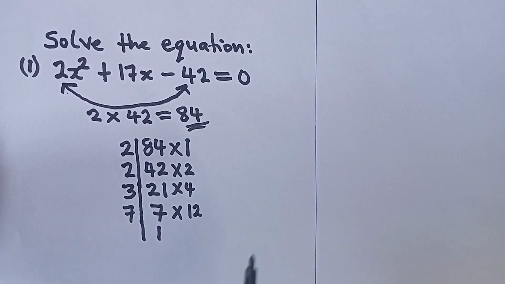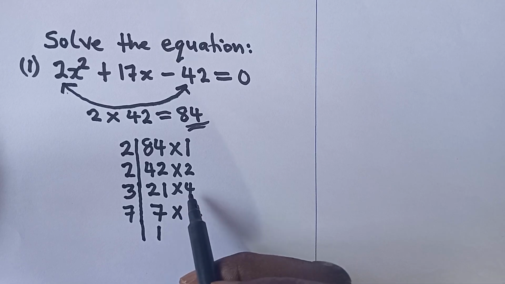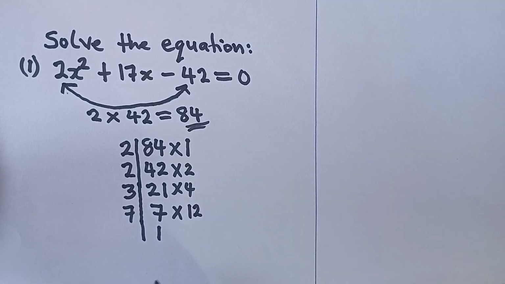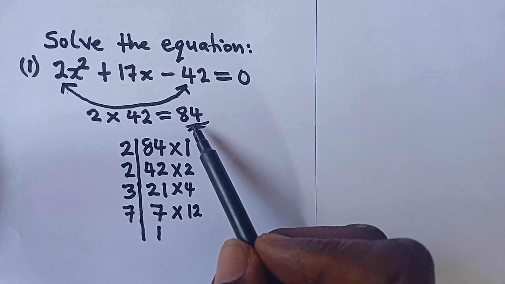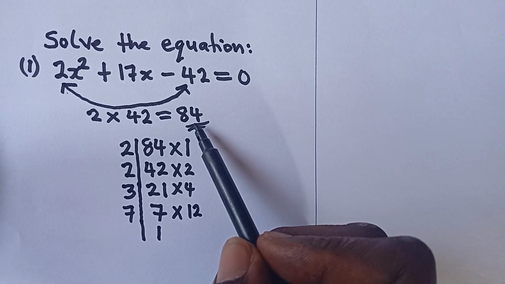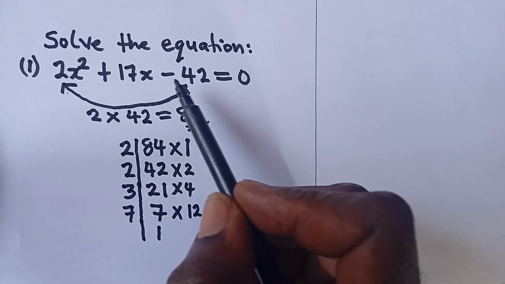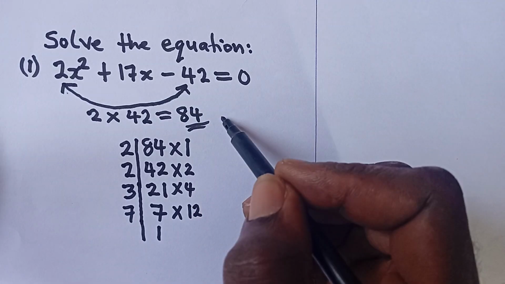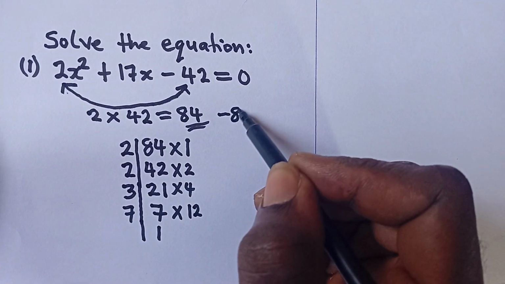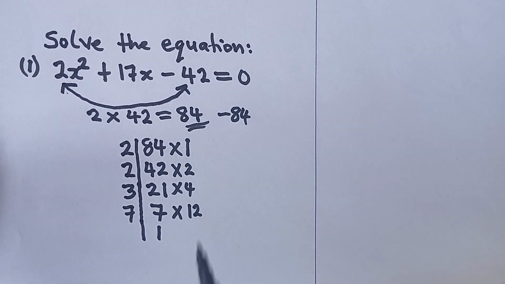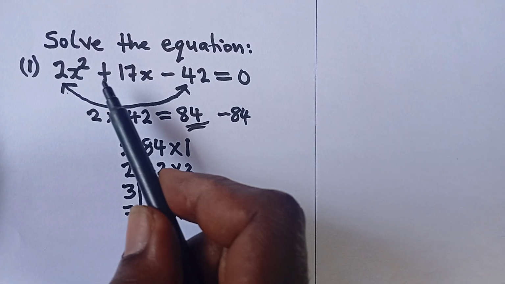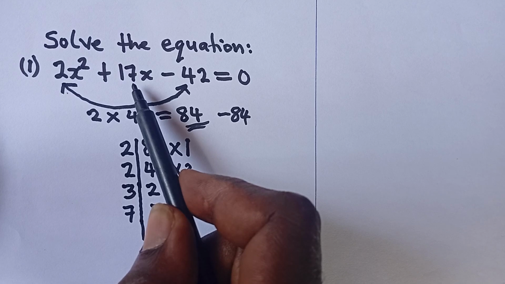So now we can take two factors from this 21 and 4, such that when we multiply them, we can come back to our 84. Because of the negative sign here, when we multiply them, it will give us negative 84, and when we add them, it's going to give us positive 17.